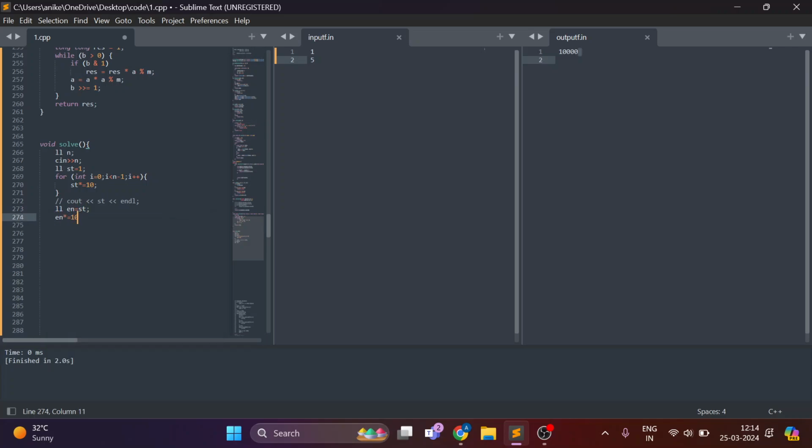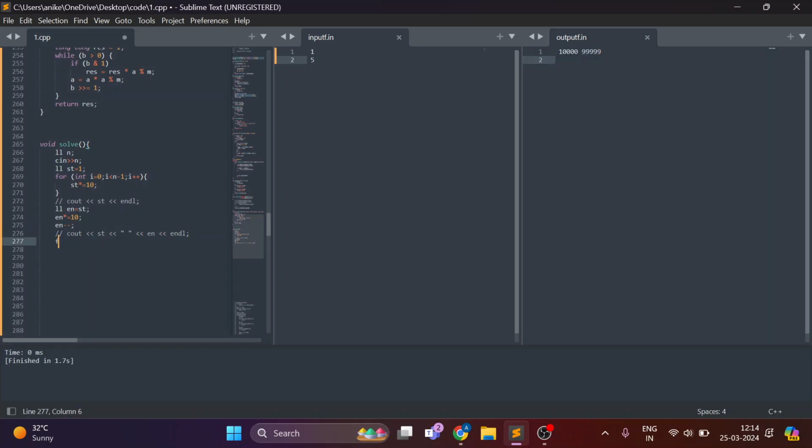The last element will be the starting element times 10 minus 1. So this is the smallest 5 digit number, and this is the largest 5 digit number.